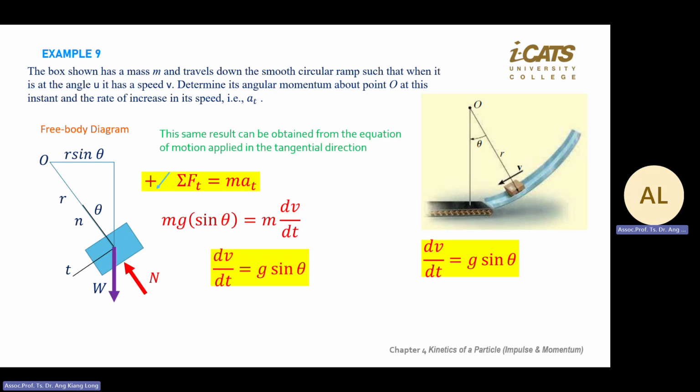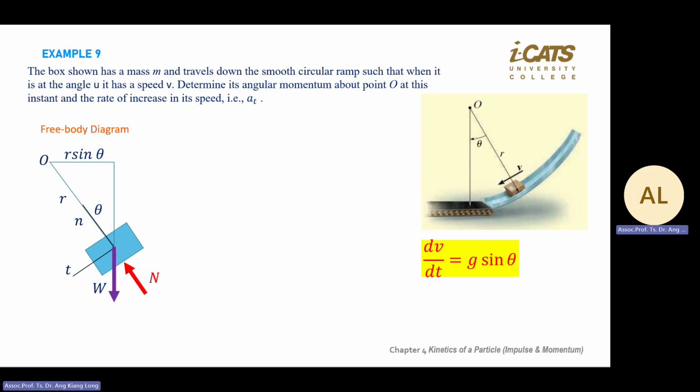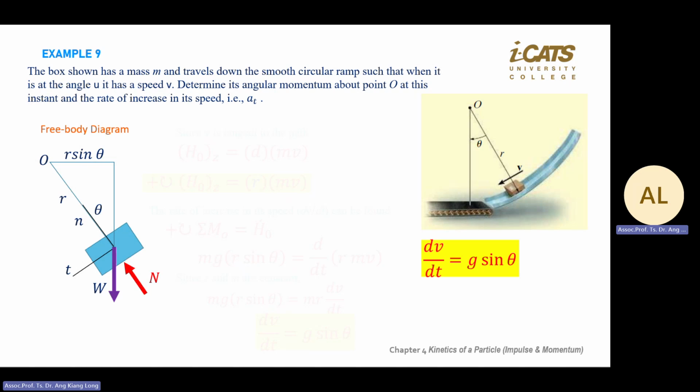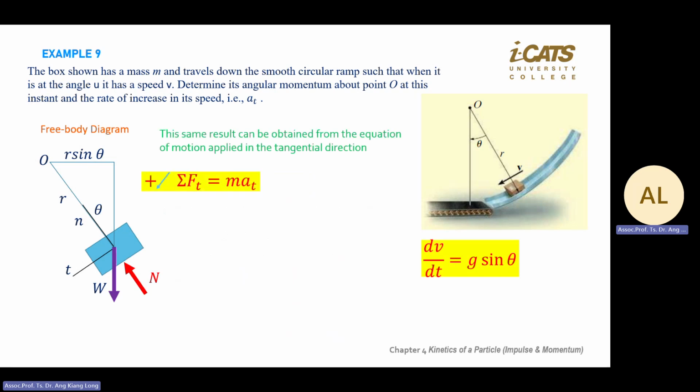Okay, so usually when it comes to a chapter 4 question, you will be forced to use this formula. Unless the question wants to give you extra marks, it asks you to prove your answer with the Newton equation of motion, F equal to ma, that your answer is correct.